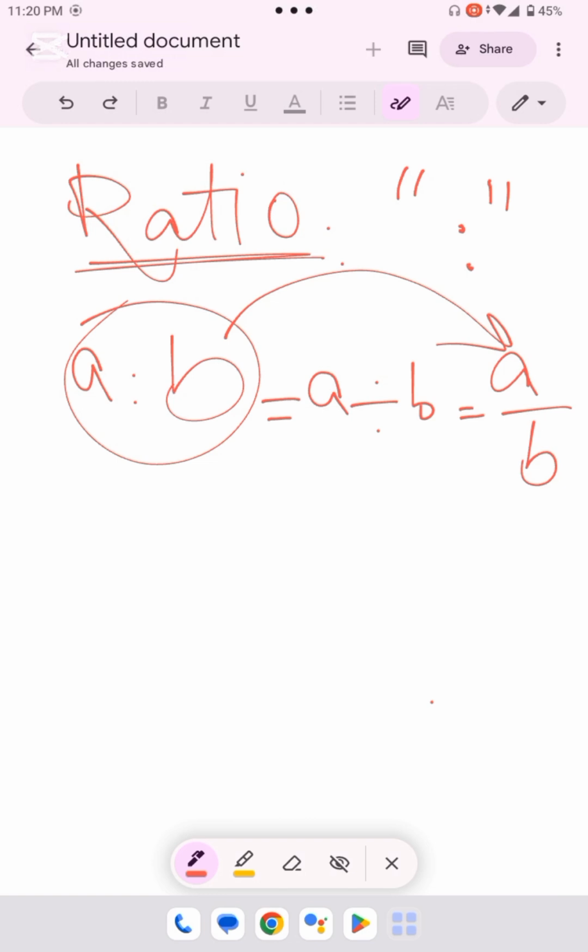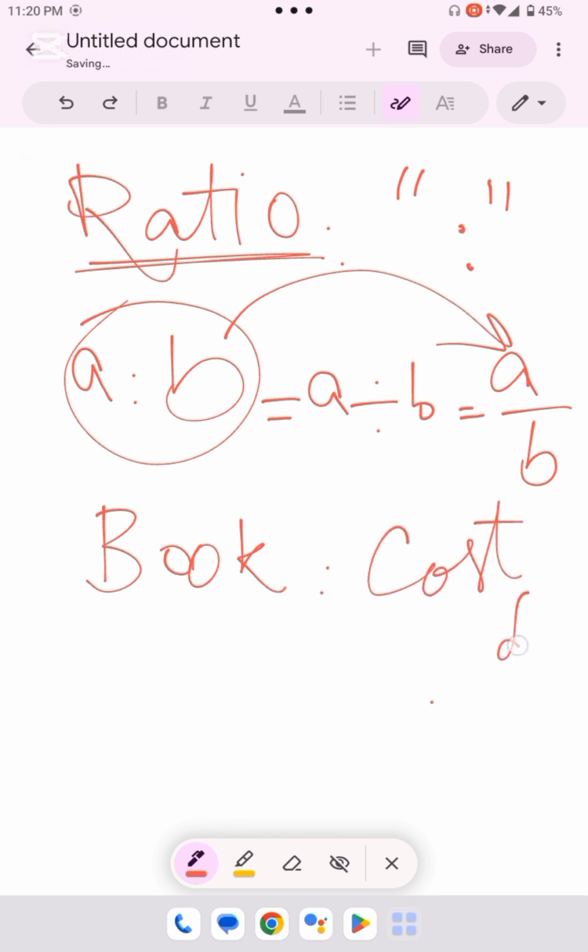And sometimes, for example, let's say we take books on this side and cost on the other side, cost in pounds.